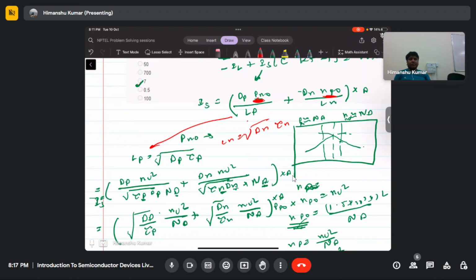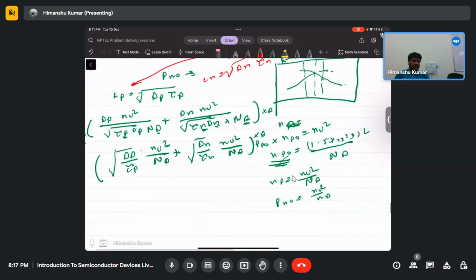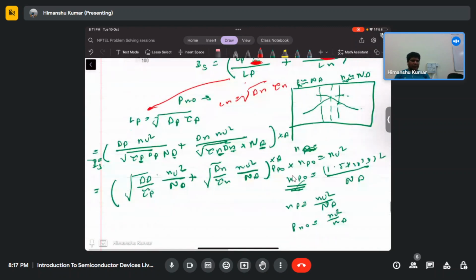So we need to find the L_p and L_n, the diffusion lengths. If you put this, D_p comes in the denominator as well as the numerator, so you can simplify that also. The square root will get cancelled with the one in the numerator. Is that clear?